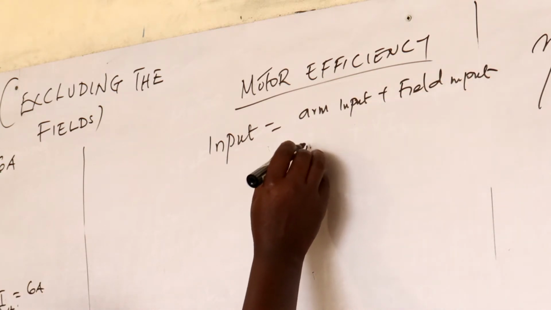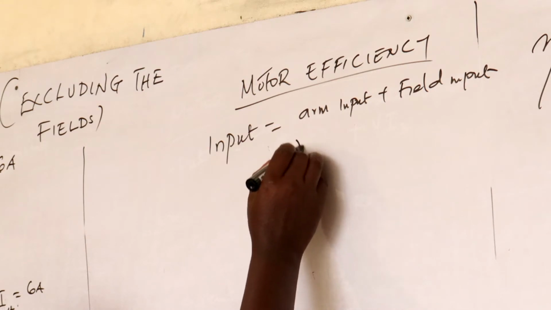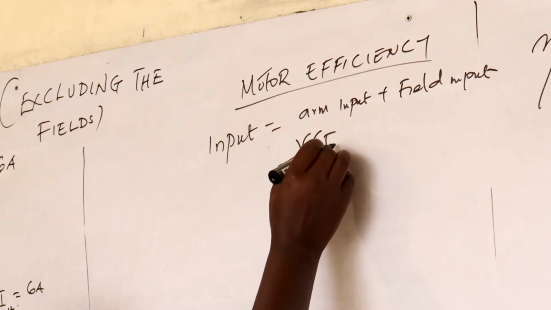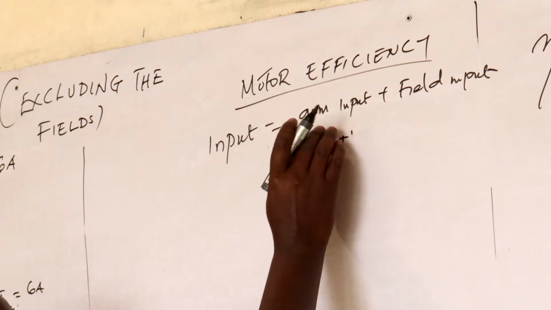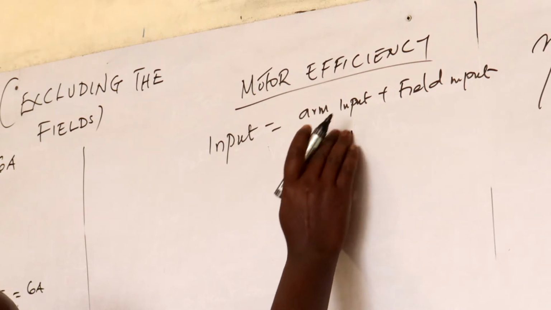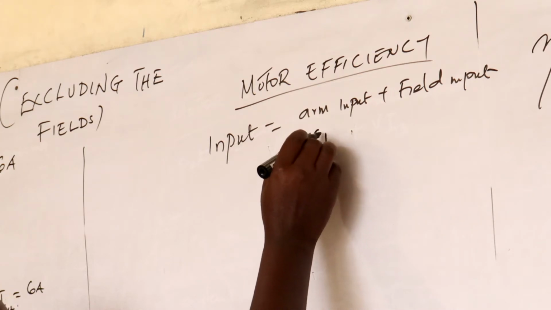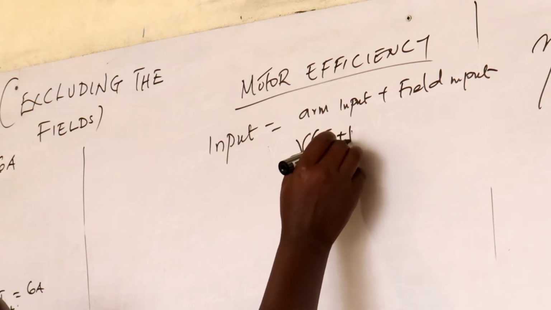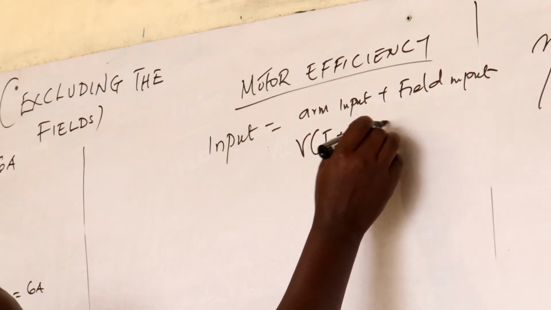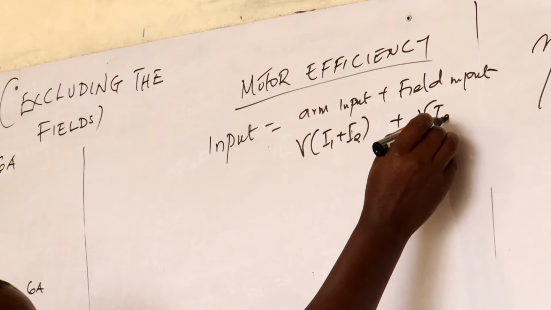The armature input is V times (I1 plus I2), plus V I3.